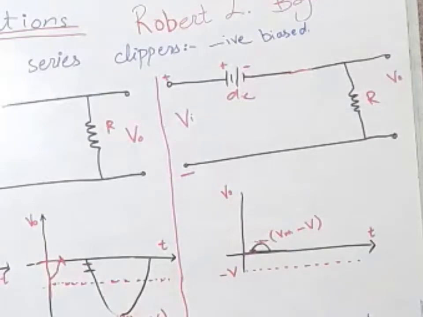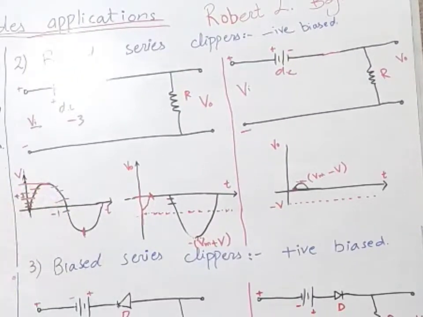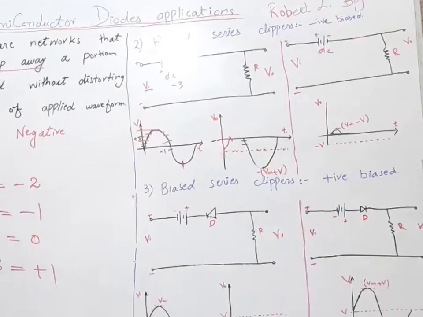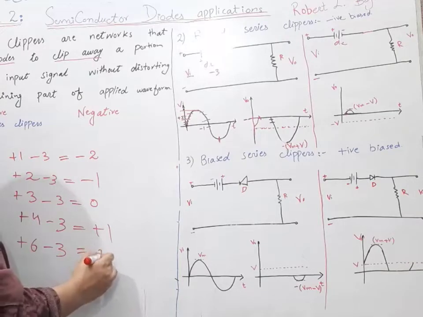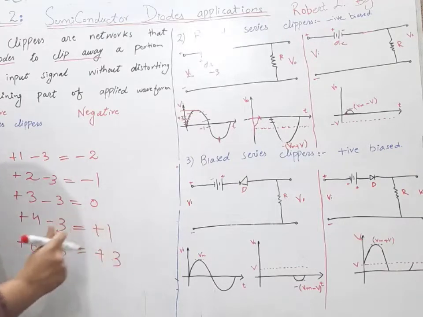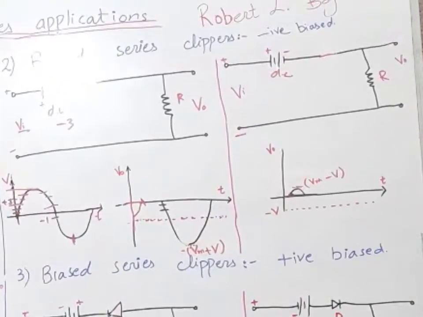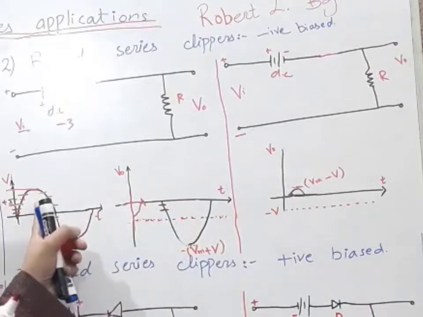Understand? And when we have +6 here, we will have final result of +3. So that's why we have a shorter peak than input peak.